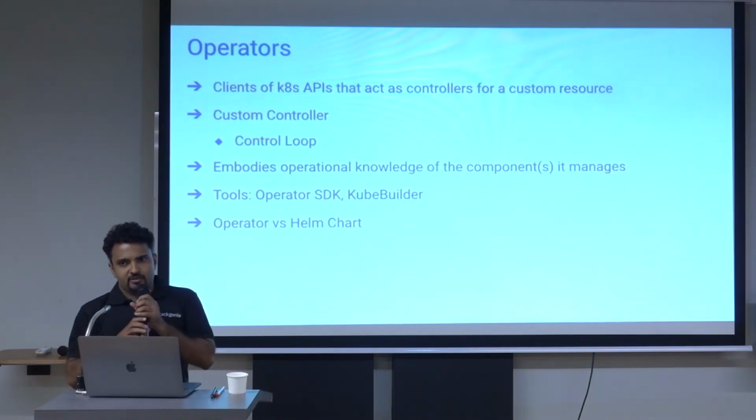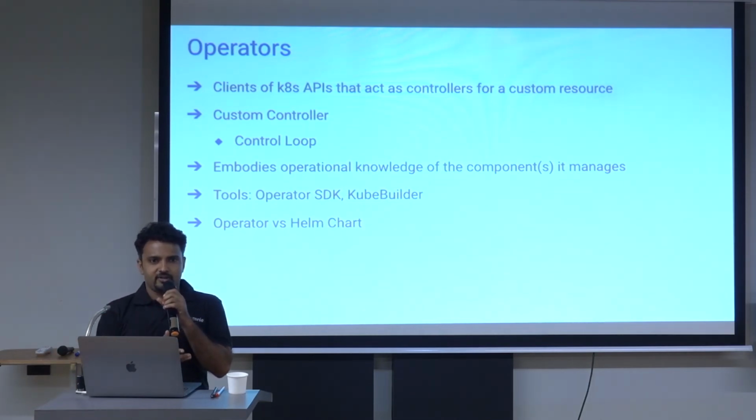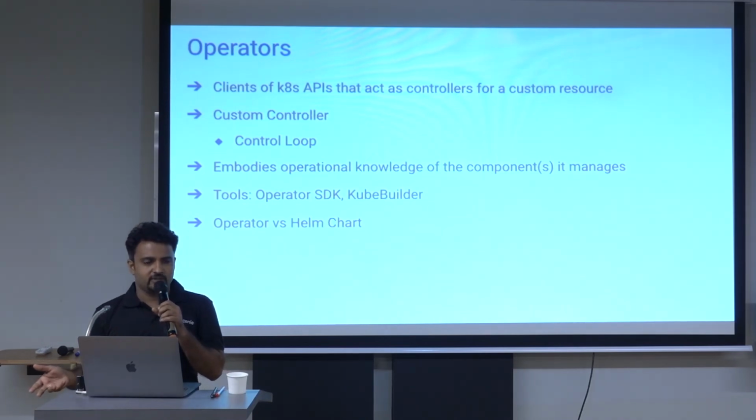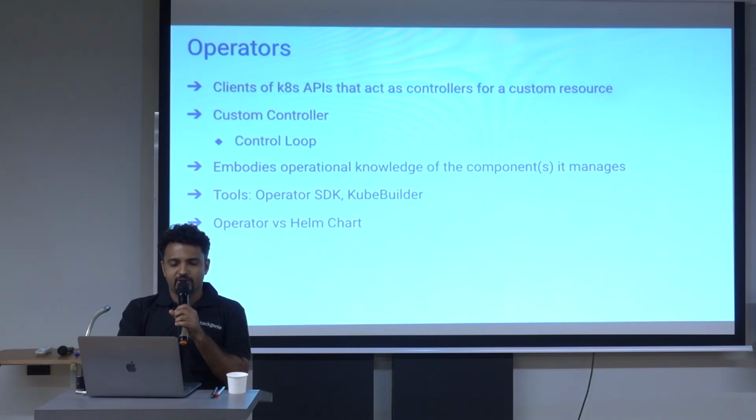So we saw that we have a custom resource and a controller associated with it. It's a typical pattern: whenever we define a custom resource, mostly there is going to be a controller associated with it to ensure something. That pattern is called the operator pattern.